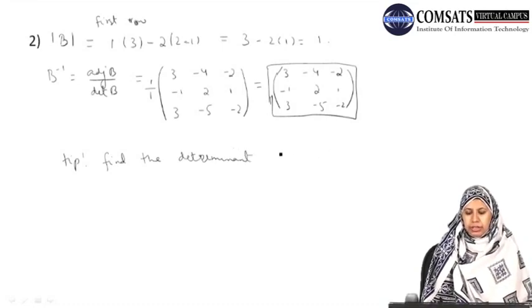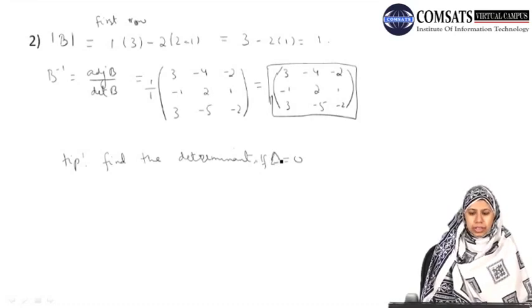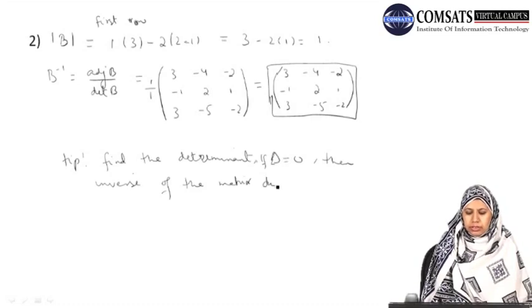If the determinant delta is equal to 0, then the inverse of that matrix does not exist.